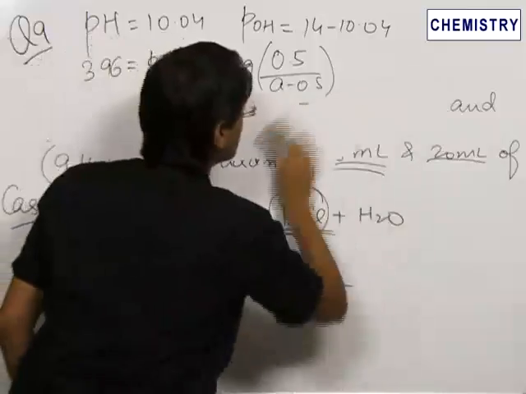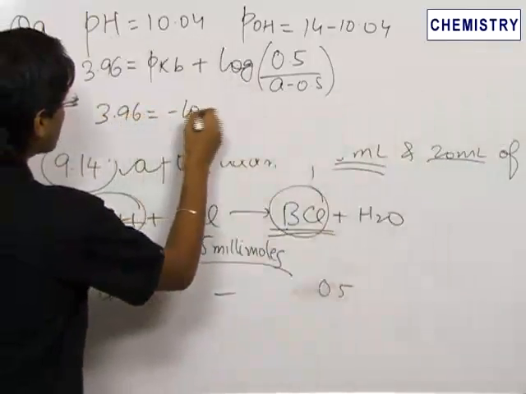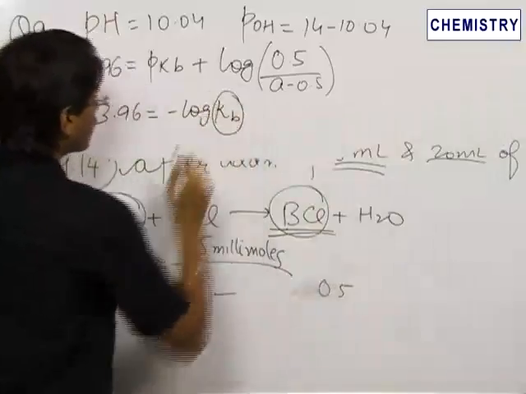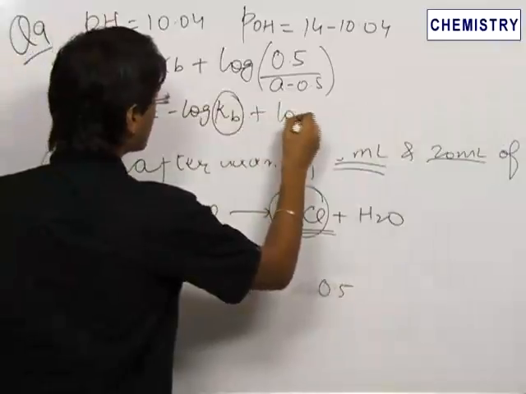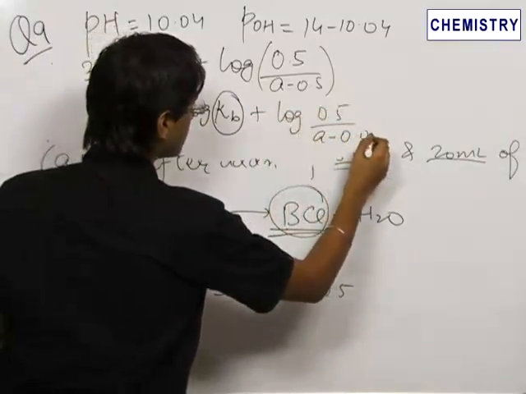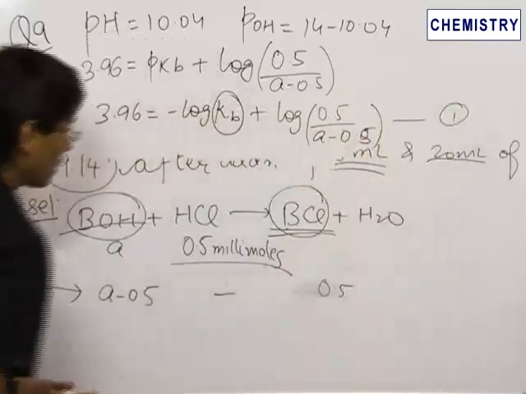So this is our first equation. pKb can be further written as minus log Kb. This is a dissociation constant for the base, plus log of 0.5 upon A minus 0.5. This is our first equation.